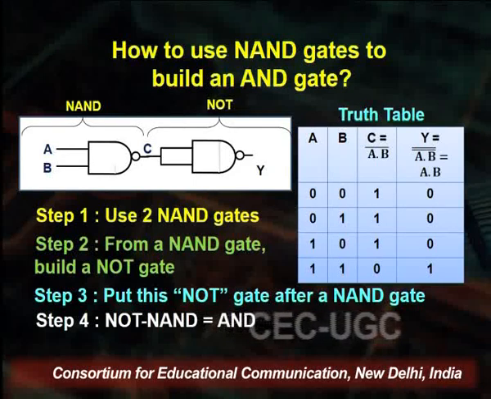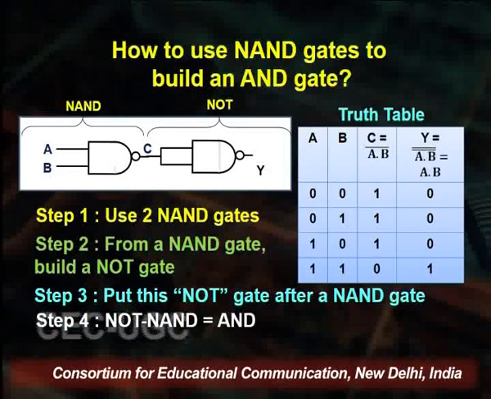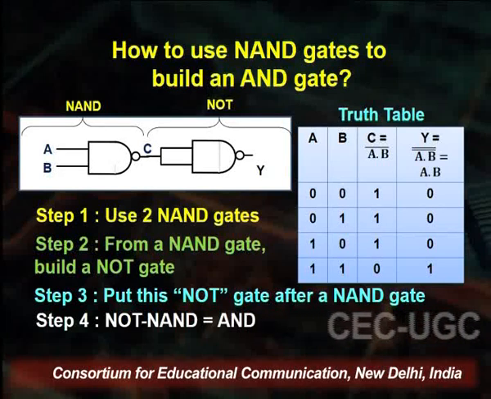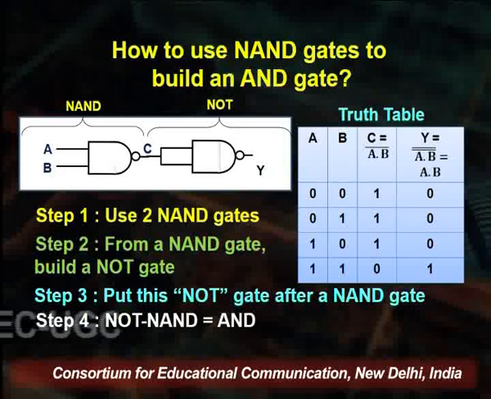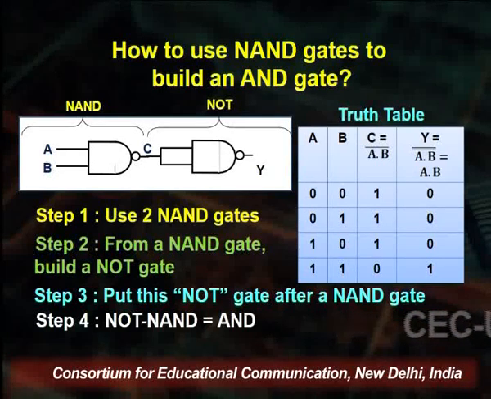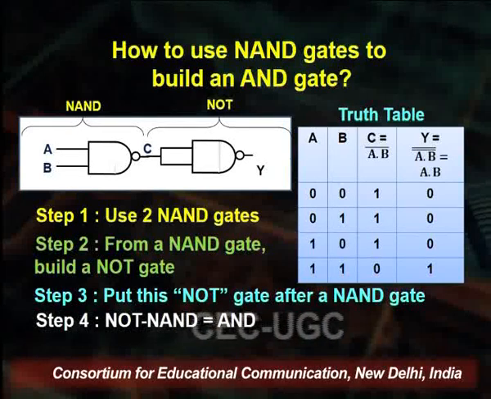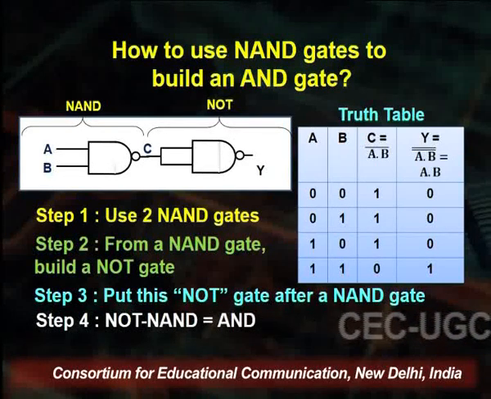So, in this case, what we can see is that for the inputs 0 0, the value of C would come out to be equal to 1, which again being inverted gives us 0. The 0 1 input combination for the first NAND gate gives the value of C as 1, and the complement of 1 gives us 0.